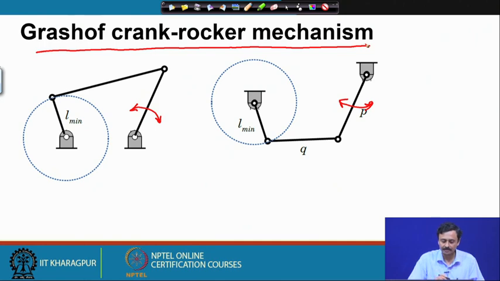There is a crank, and this is called the rocker. So, this is called a Grashof crank rocker mechanism, or sometimes simply crank rocker mechanism, because if there is a crank, then it must be a Grashof chain.